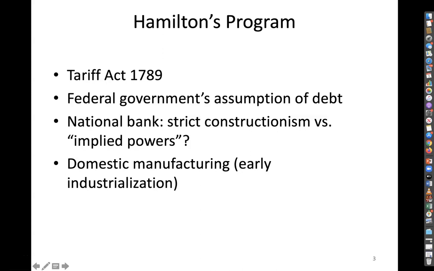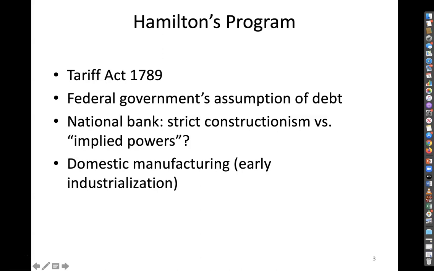So if you believed in that view, you are aligning your way of looking at the Constitution through the lenses of constructionism, as opposed to implied powers. Okay, but regardless of Jefferson and others, as we know, Hamilton is in charge here, so he does create the United States Bank, as it was called.